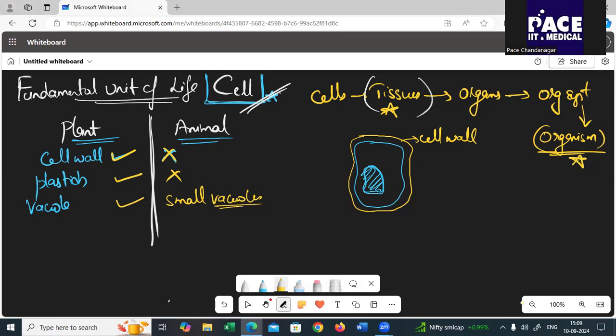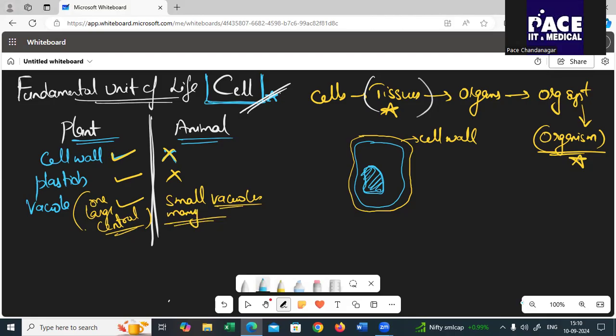In plants only one large central vacuole is present, whereas many small vacuoles are present in the animal cell.